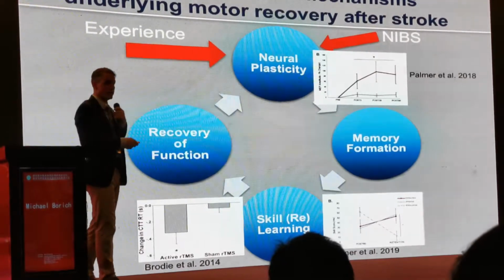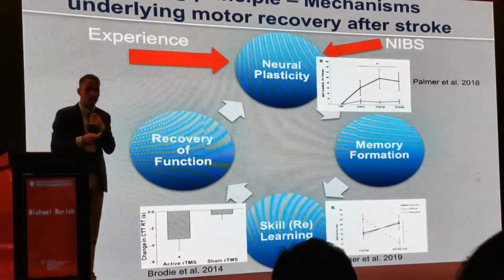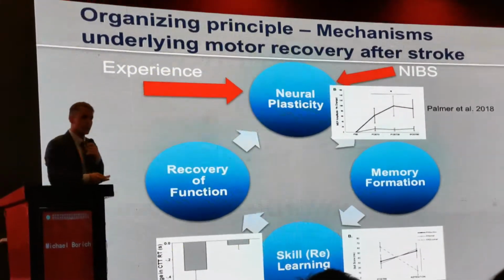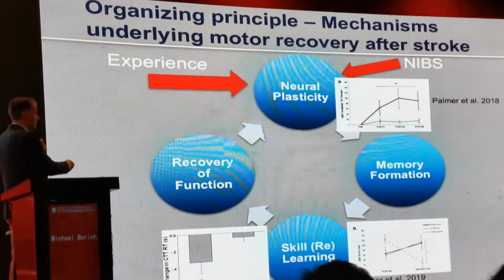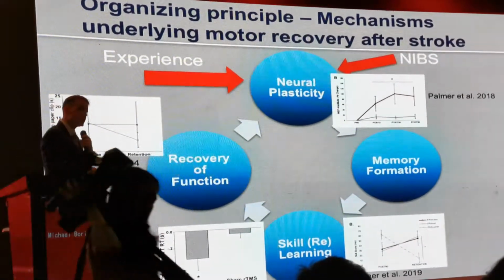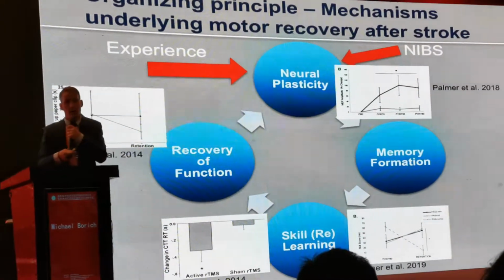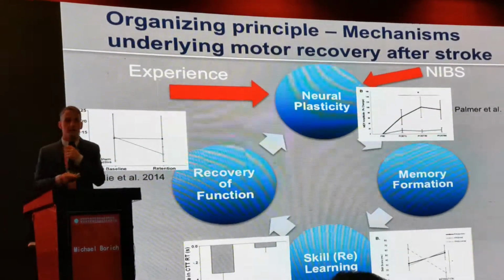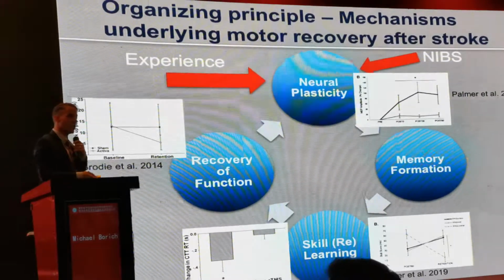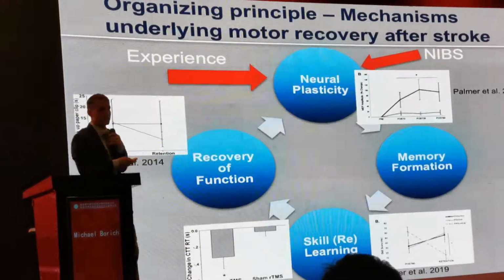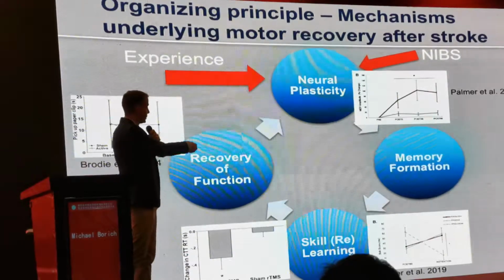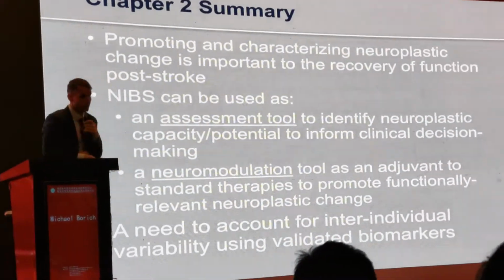We also have stroke data showing that if you deliver stimulation before training, you can actually have an effect on the skill that was learned. But importantly, we also see some generalization to other tasks. So you can actually have an effect that transfers not only to the task that was trained, but also onto other tasks involving the extremity that was affected by stroke. So that's 2 chapters down.